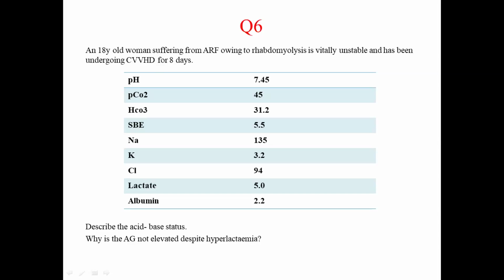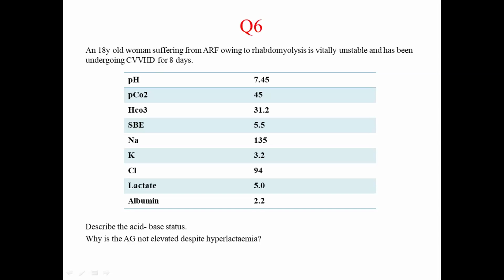Okay, so the second question is, why is the anion gap not elevated despite the hyperlactatemia? So what will be the anion gap here? It's metabolic alkalosis, base deficit 5.5. Anion gap is 10, normal. So Jaideep has already given our answer.